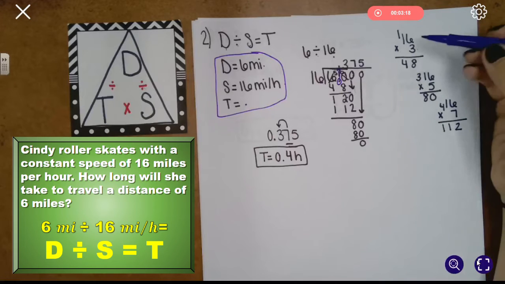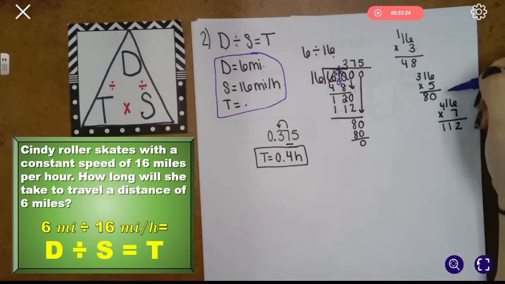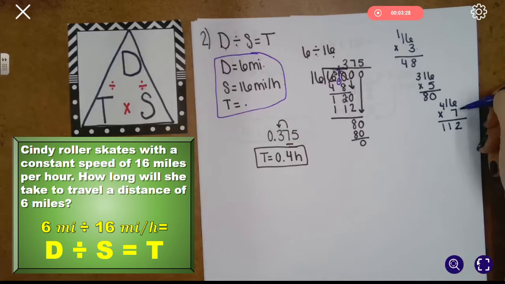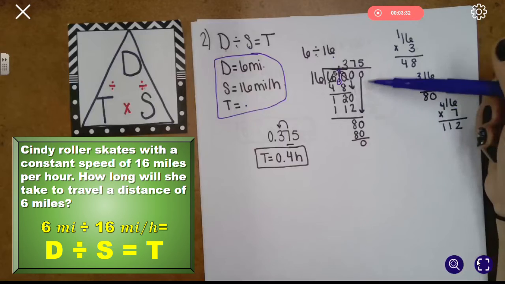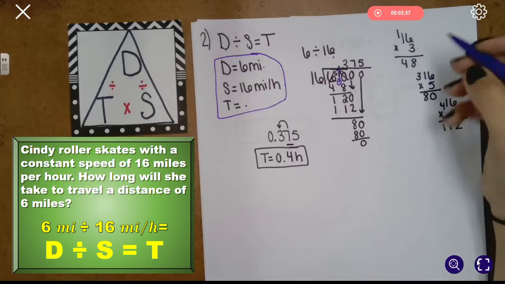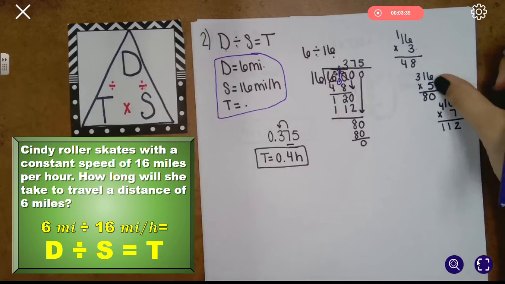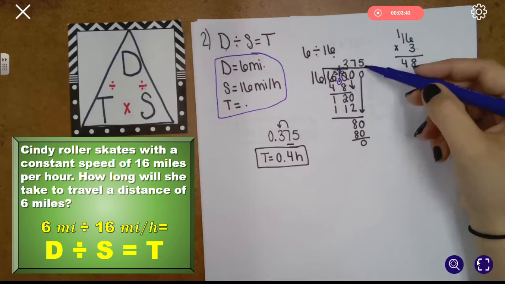I didn't know what I could multiply 16 by to get close to 120, so I did some math on the side. I tried 5, I knew I could get closer, so then I just jumped up to 7, and I got 112. I did 120 minus 112, I got 8, and then I said, oh wait, 16 times 5 was 80. So then we got 0.375.